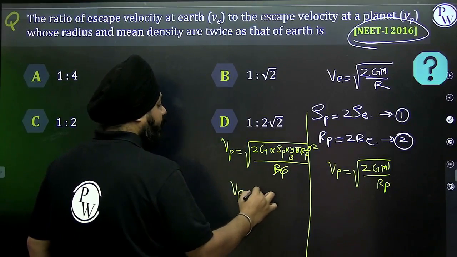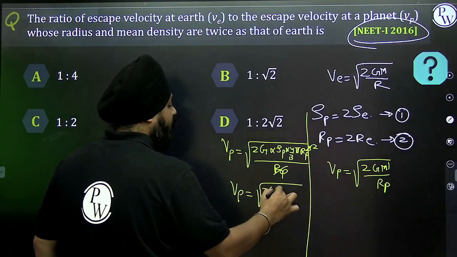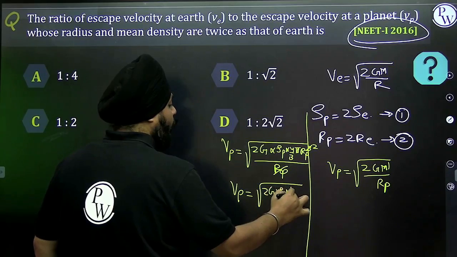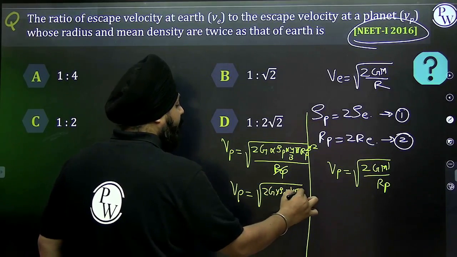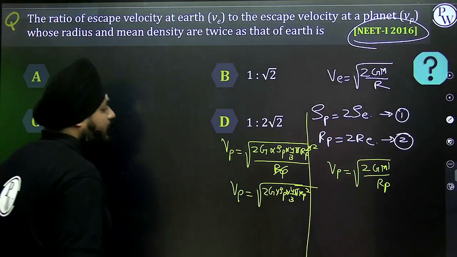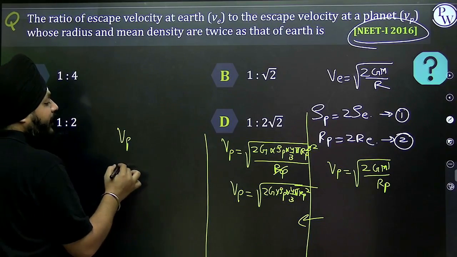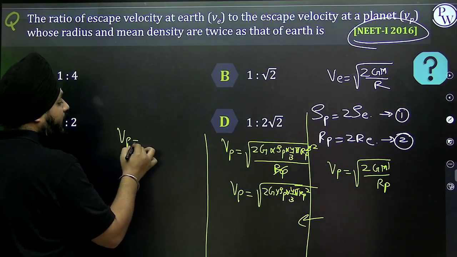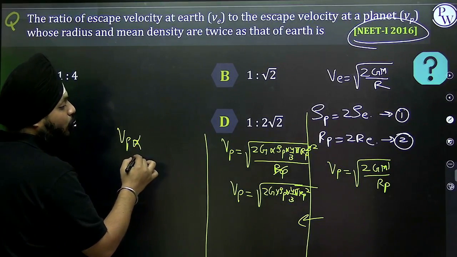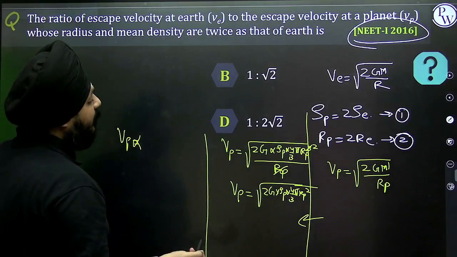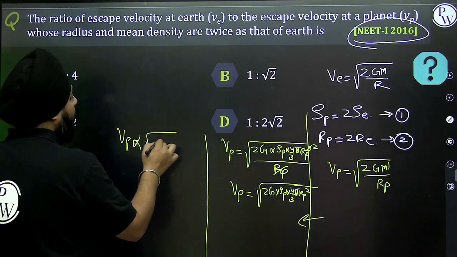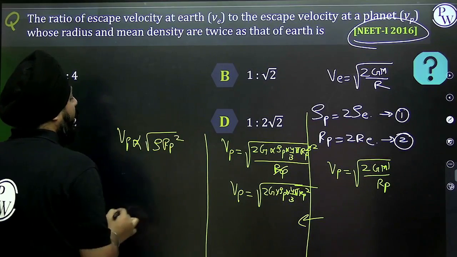So escape velocity is under root of 2G into density of the planet into 4 by 3 pi Rp square. So the velocity of the planet is directly proportional to under root of rho Rp square.